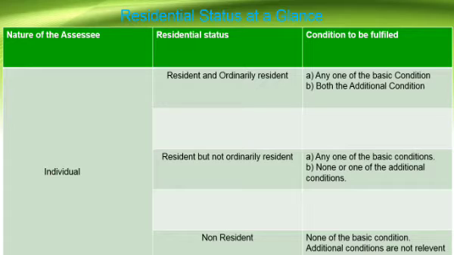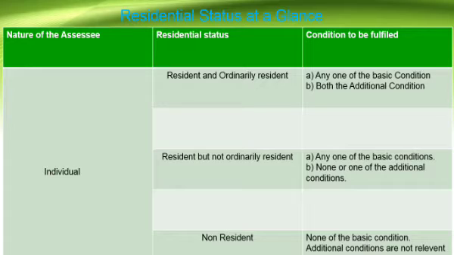If an individual is to be considered a resident and ordinarily resident, he should fulfill these conditions: any one of the basic conditions must compulsorily be satisfied, and both the additional conditions must be satisfied. Then only he will be considered a resident and ordinarily resident.